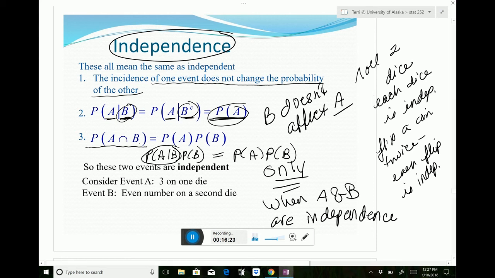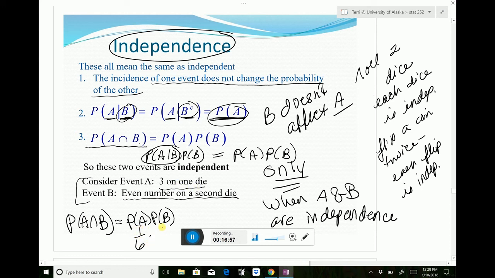So consider these two events: a 3 on one die and an even number on a second die. What's the probability of both of these happening at the same time? You roll two dice, one has a 3 and the other one is an even number. Well, all you have to do is multiply those probabilities. The probability of the 3 is 1/6.